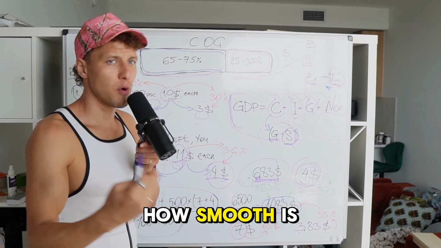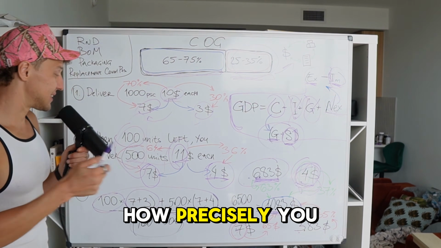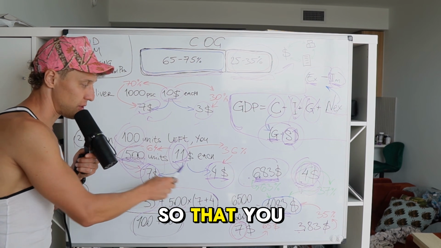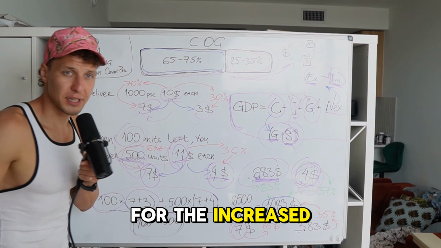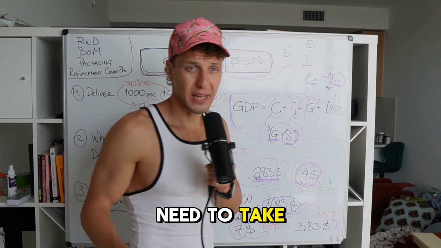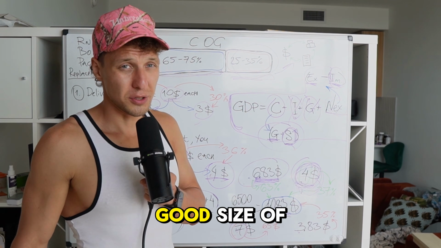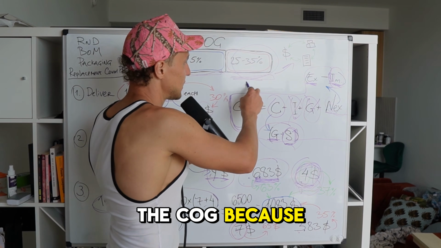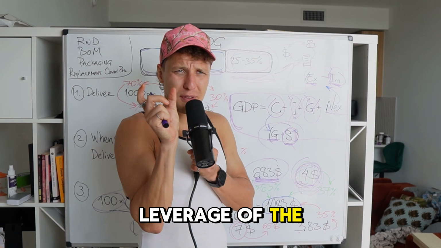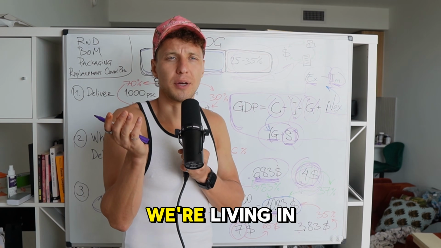It's how smooth the process is, how fast you get a decision, how precisely you calculate the future FBA shipment so that it will not bite you in the butt with increased delivery cost that you couldn't deliver more units. That's why you need to take the service part as a base and recalculate the good size of the COGS, because this part is essentially manageable, but the leverage of the manager is super tight, super small, especially in the AI era that we're living in.